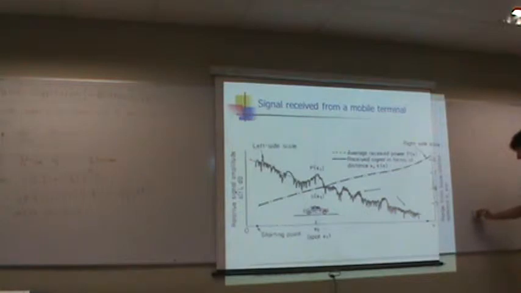If we have to give a definition of the coherence distance that explains what's physically happening, the coherence distance is the maximum separation in space, meaning distance usually, over which the propagation channel can be considered stable or not.